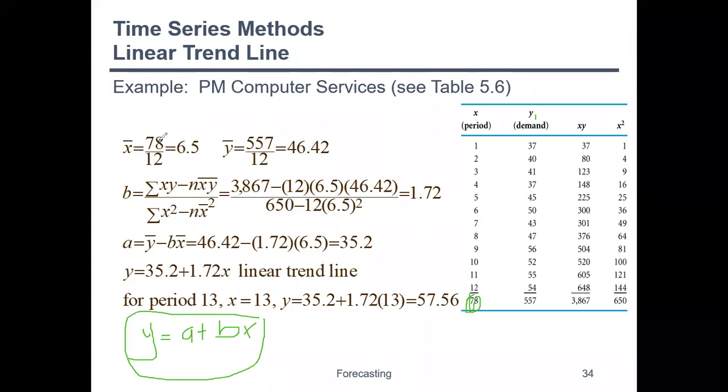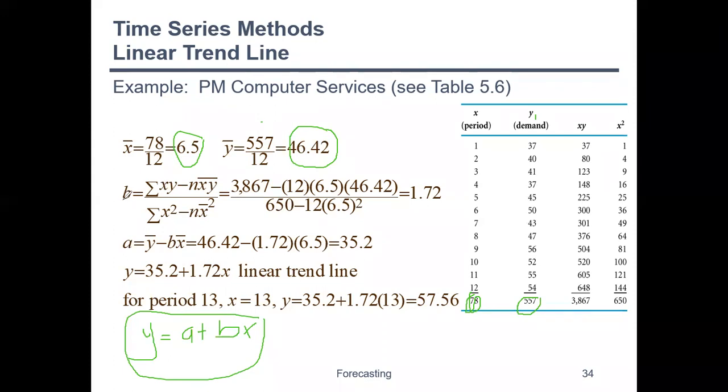So it's basically 78 divided by 12. That gives us 6.5. Now our Y bar, which is the mean of Y, the total of Y was 557. So it's 557 divided by 12. That gives us 46.42.